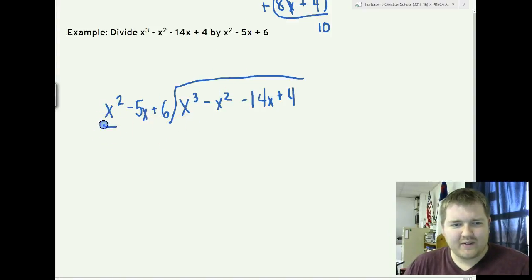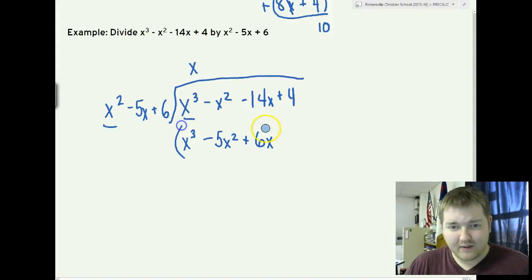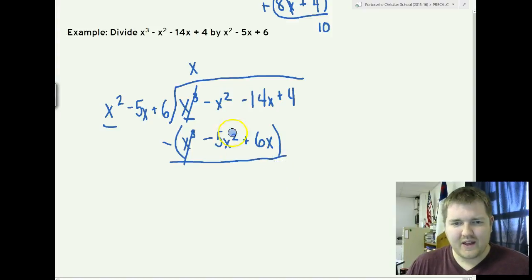So same idea, first term, x squared goes into x cubed, x times x squared is x cubed, x times negative 5x is negative 5x squared, and x times 6 is plus 6x. And once again, I will subtract. x cubed minus x cubed goes away.